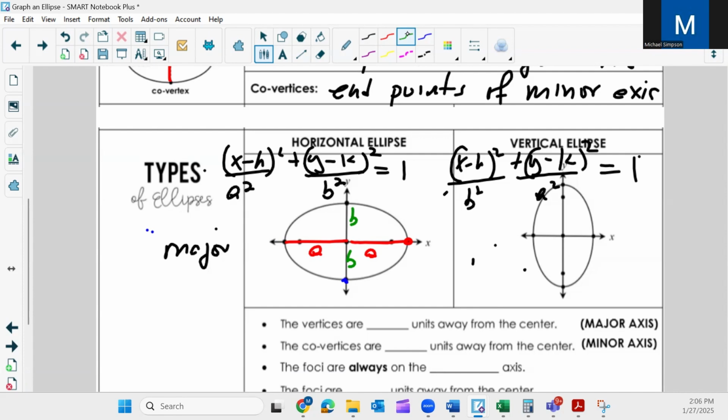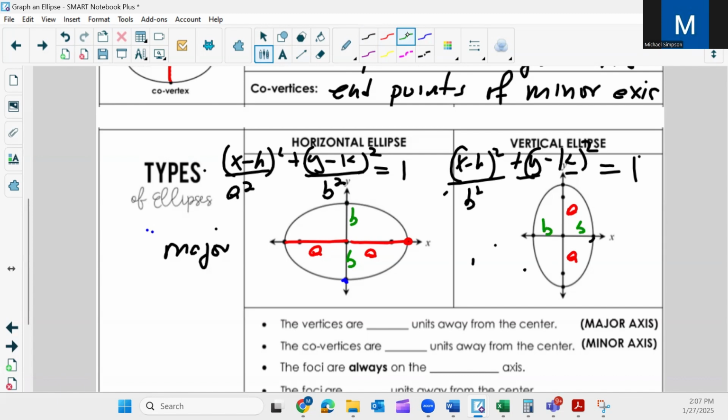For the vertical, this here is going to be a, exactly, a right here and a right there. And then that's going to be your b value here.